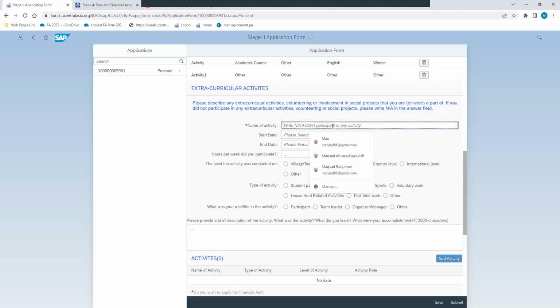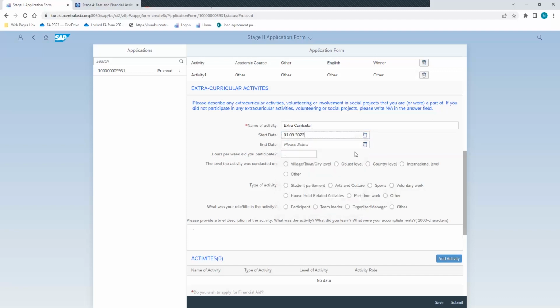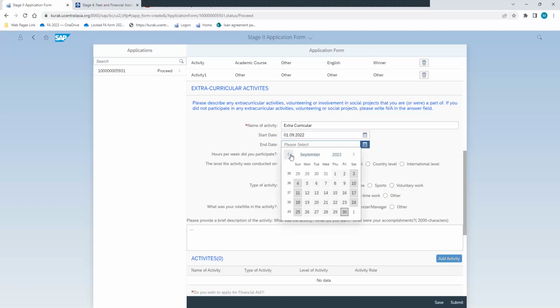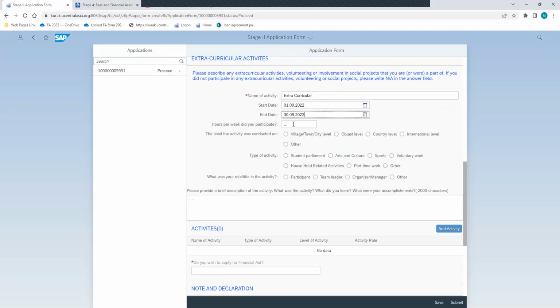Then let's go to the next question, extracurricular activities. You will also type something, what extracurricular activities there are, and please pay attention to the dates. When you try to type dates somewhere in the application, the system will not allow you to type them. So please choose the calendar box to avoid mistakes. Assume that your extracurricular activity started on 1st September last year and ended at the end of September.